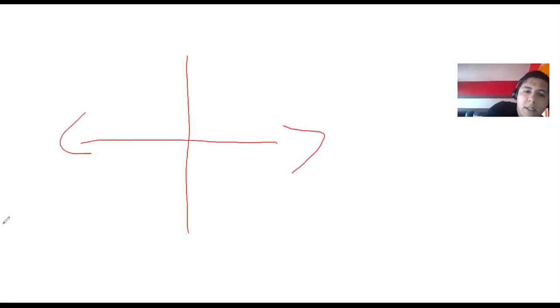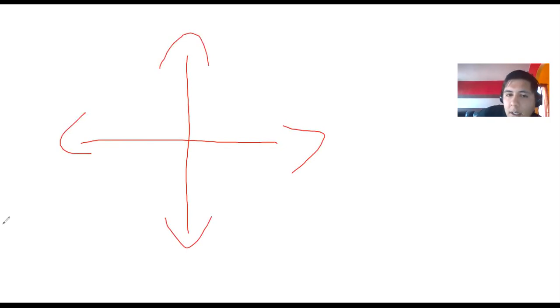So when we're talking about doing a translation, what does that mean? Well, basically, when we're talking about transformations, like rotating, that's one of them.